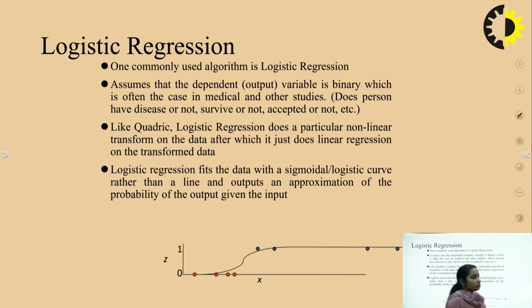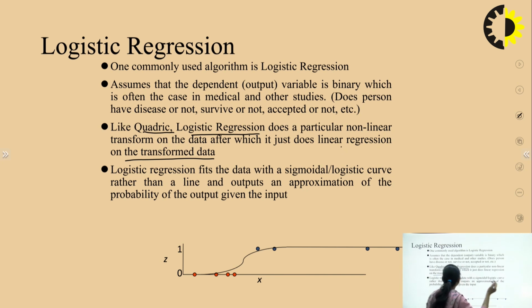So in logistic regression, you can understand that quadratic and logistic regressions do a particular non-linear transform on the data, after which it just does linear regression on the transformed data. So after the transform, we do linear regression on that transformed data, right?